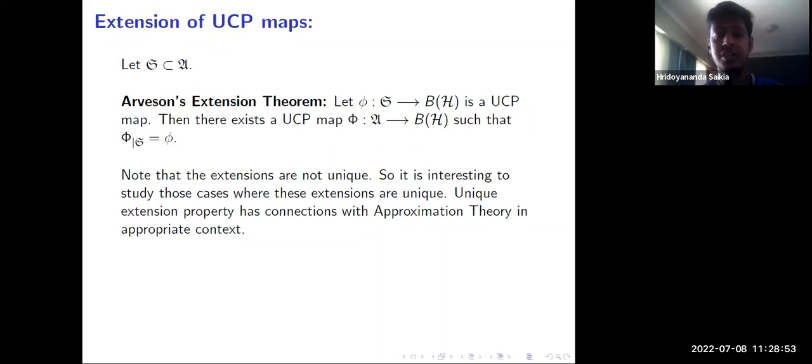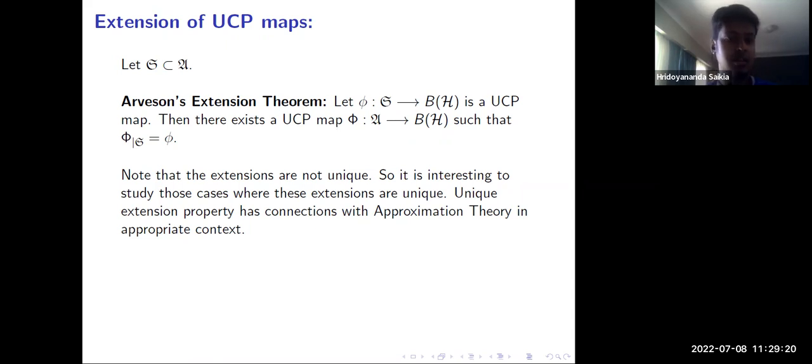So it is interesting to study those cases where the extensions are unique, and I am working on precisely this setting. There are many conjectures regarding these concepts, and my work is closely related with Arveson's hyperrigidity conjecture, which deals with the unique extension property of unital completely positive maps.